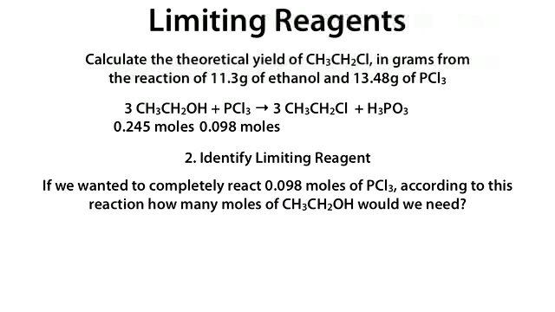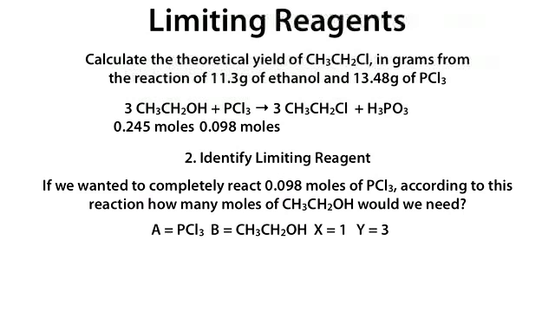And I'm going to ask PCl3: if we wanted to completely react 0.098 moles of PCl3, which is all the moles that we have, according to this reaction, how many moles of ethanol would we need?